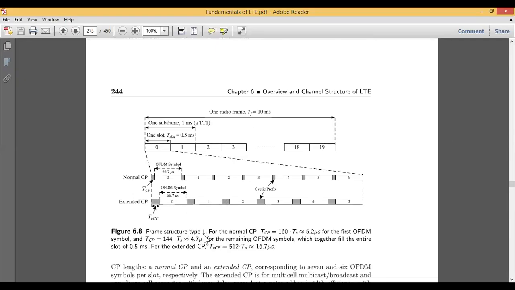In type 1 you can see one complete frame, allocated in terms of time slots, and each time slot is of 0.5 millisecond. This is one slot of 0.5 millisecond, this is another, and it goes on. Each frame consists of multiple blocks, which we represent in terms of OFDM symbols, each of 66.7 microseconds.